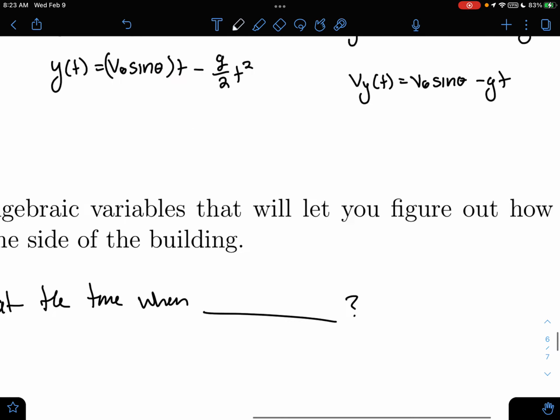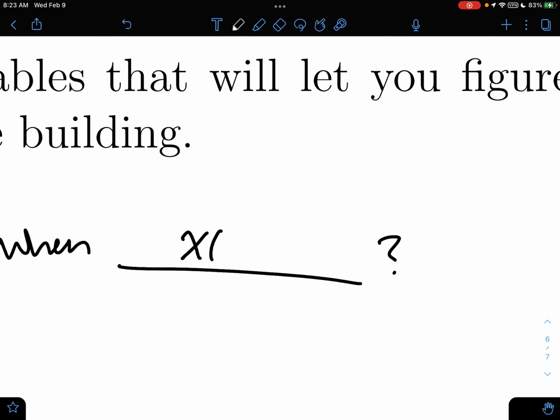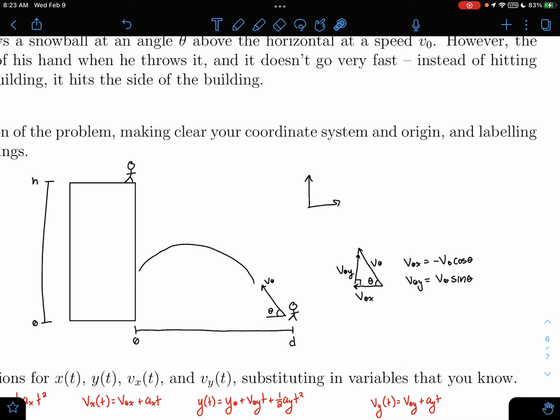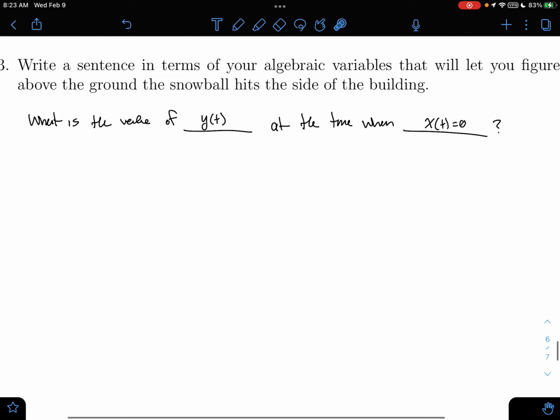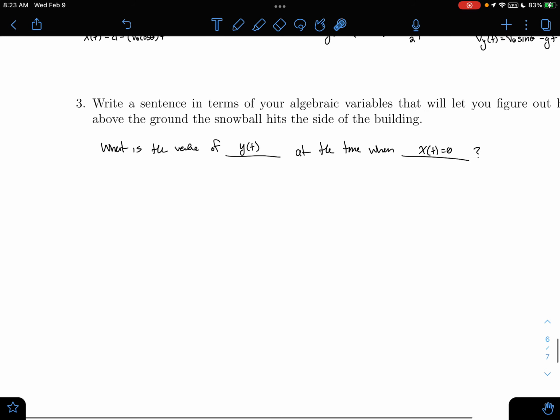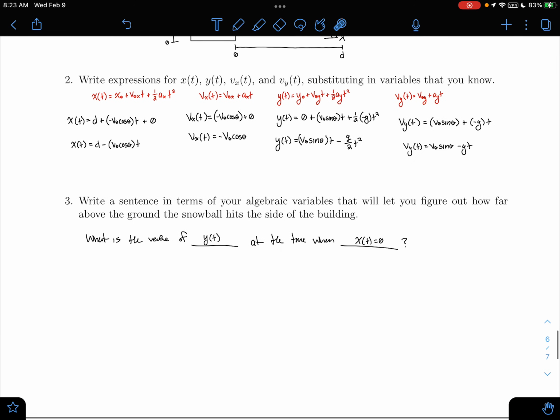So when x equals 0, when our snowball reaches this plane, what is its height at that point? What is the value of y of t at the time when x of t equals 0? Cool. All right, so now we have a sentence and we have some equations.